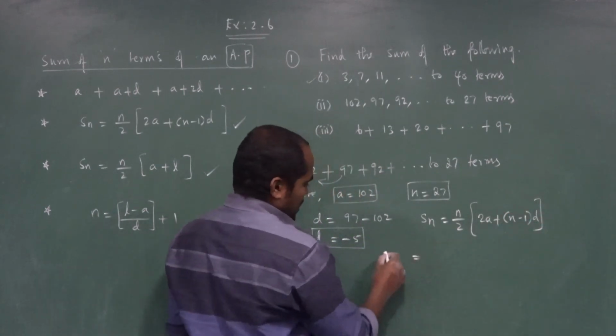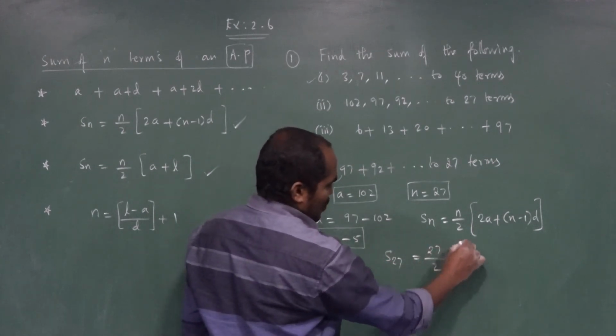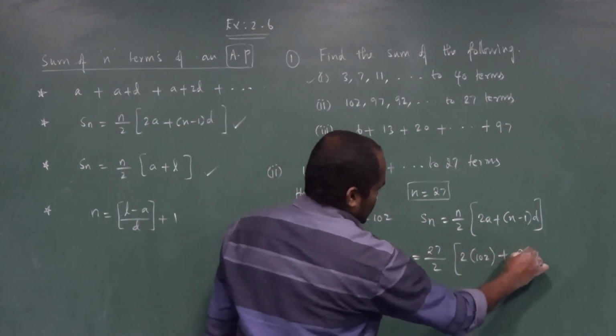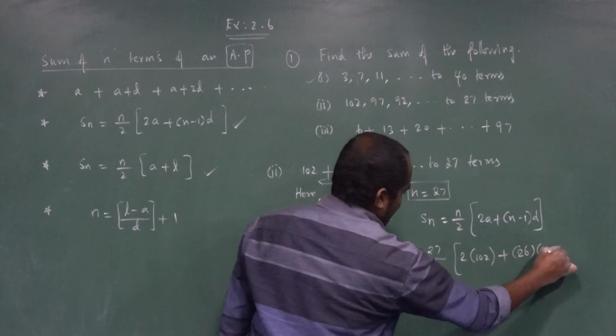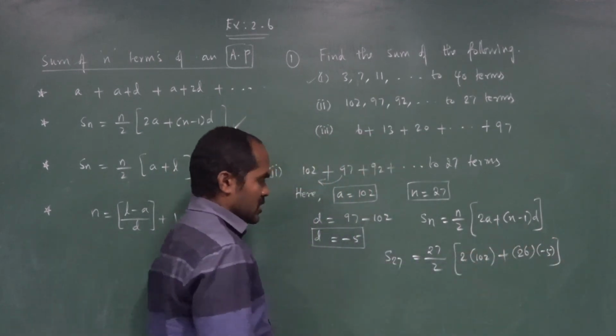So S27 is equal to 27 by 2 of 2 into 102 plus 26 into minus 5, because 27 minus 1 is 26.